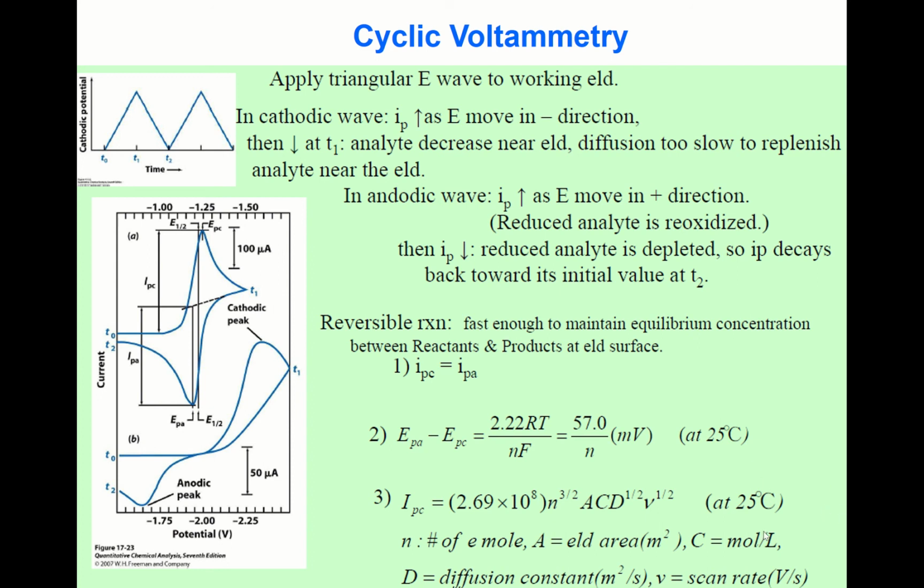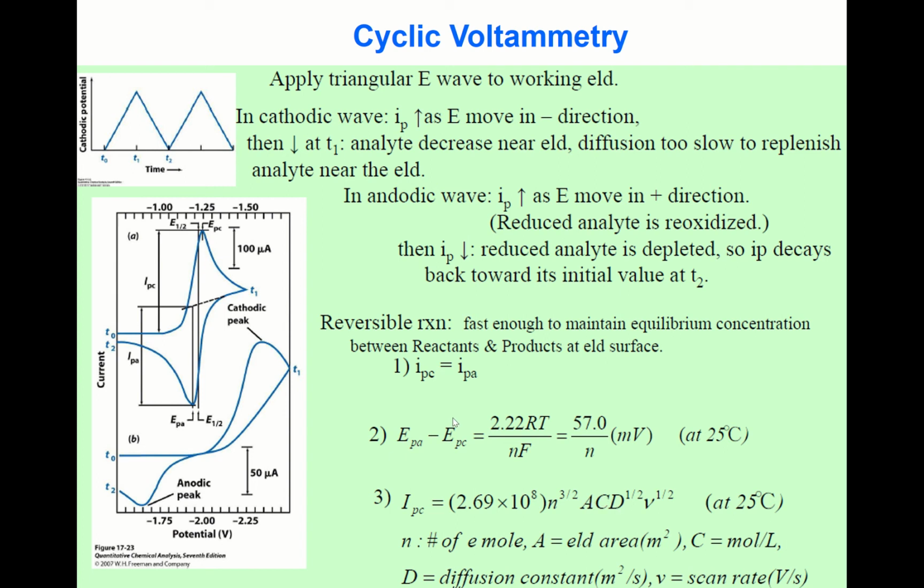All right, yeah. And then using this cyclic voltammetry, it is very easy to calculate the diffusion coefficient of a species, right? Otherwise, measuring the diffusion coefficient is not easy.